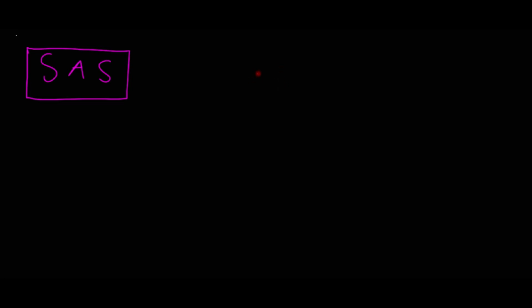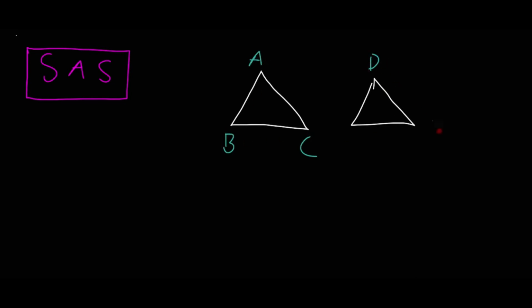Let's say, for example, these are triangles ABC and DEF.